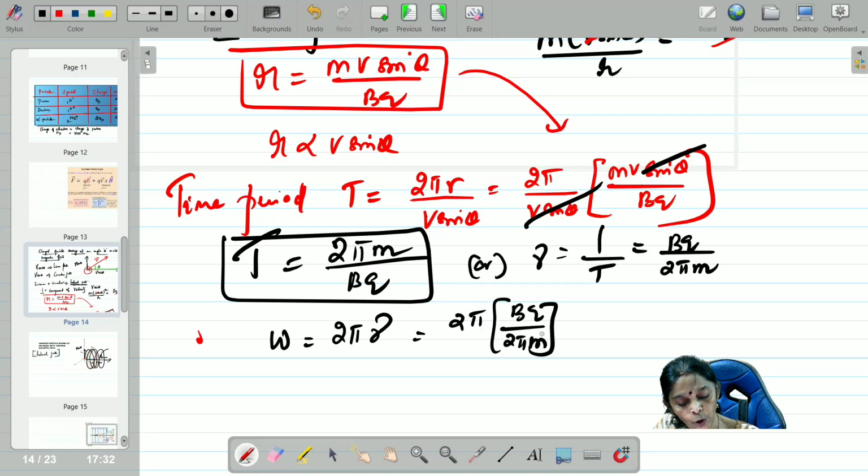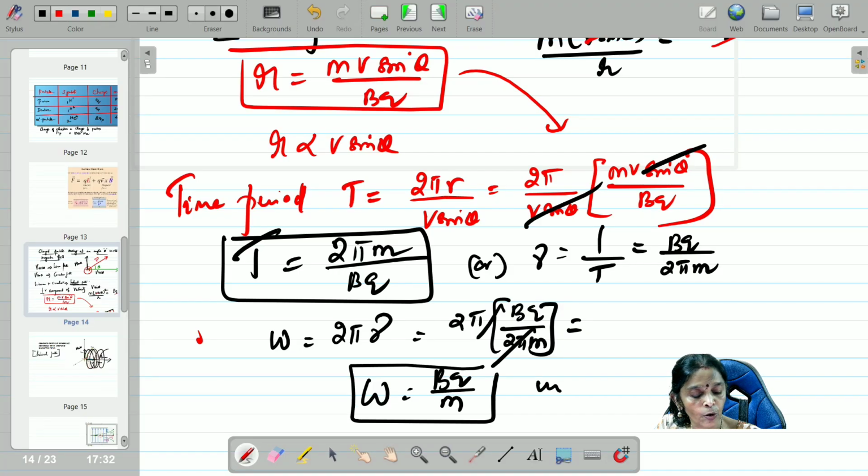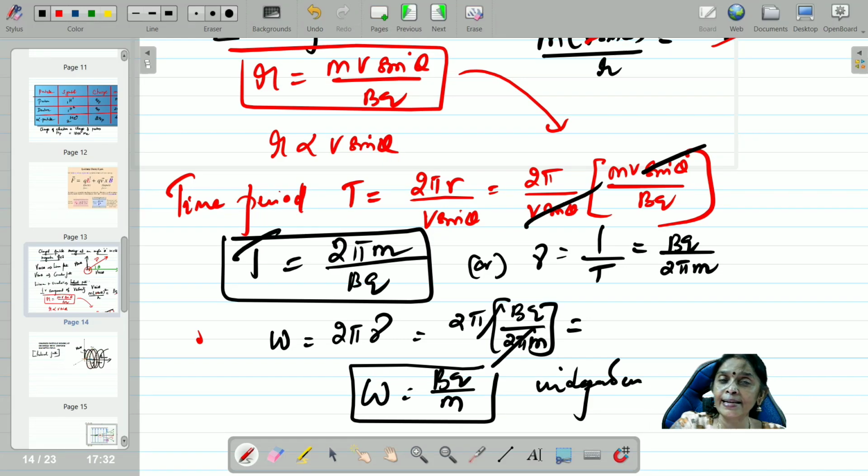So the 2 pi gets cancelled, and omega is equal to B q by m. Again, you can say that it is independent of velocity. Whether it is moving at an angle theta or it is moving perpendicular to the magnetic field, in both the cases, the frequency is independent of velocity. So hope you understand, children.